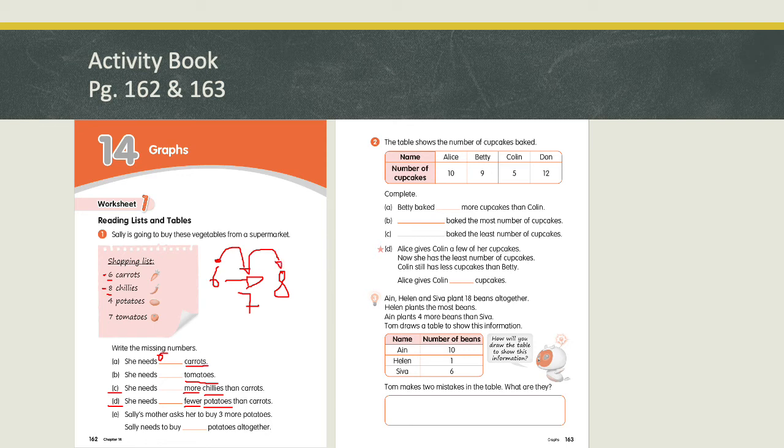So 8 is 2 more than 6. So this will be your answer here. She needs 2 more chilies than carrots. For the fewer one, you'll be going backwards instead. So you'll be going this direction.